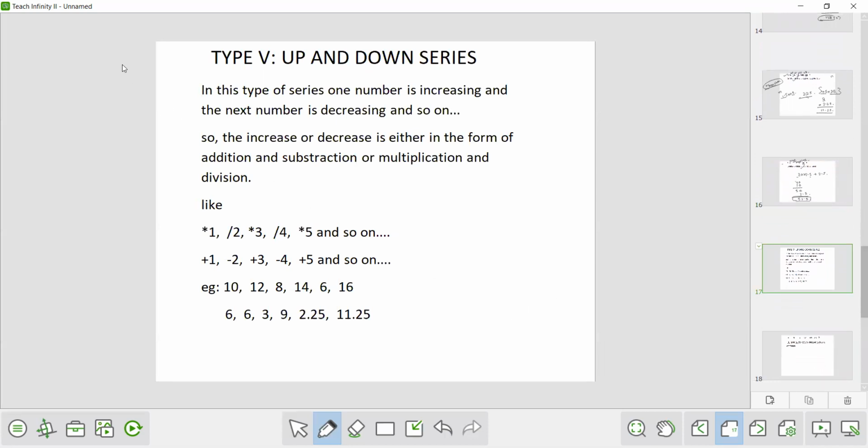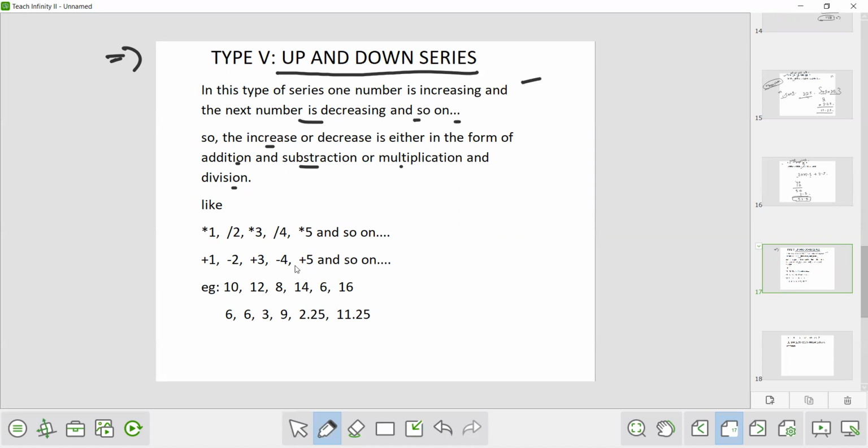Now the fifth type, that is ups and down series. This is also a special type of series. In this type of series, one number is increasing and the next number is decreasing, and so on. So the increase or decrease is either in the form of addition and subtraction or multiplication and division.